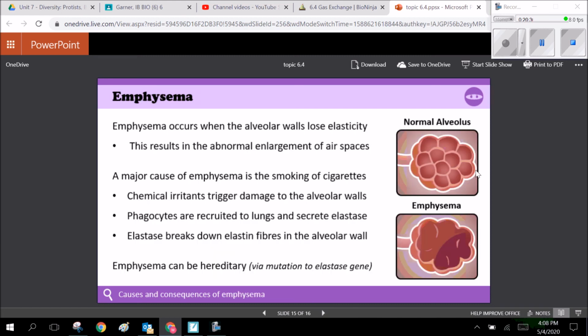Emphysema is interesting. So remember that elasticity we talked about that allowed for that pressure differential and exchange of gas? Emphysema actually gets rid of the alveoli's ability to expand and contract elastically. Basically what happens is it's going to damage those cells along the walls, and that elastin is going to break down, and the alveoli will be unable to expand and contract.